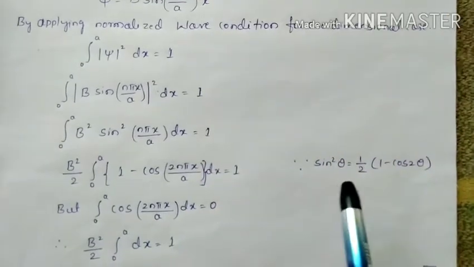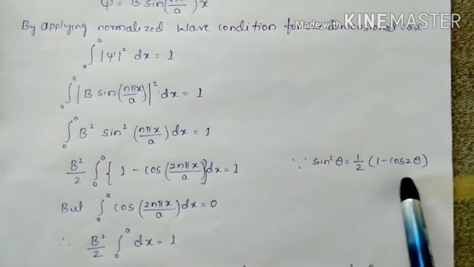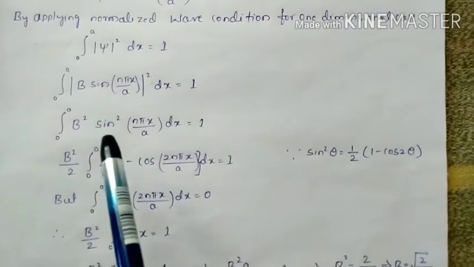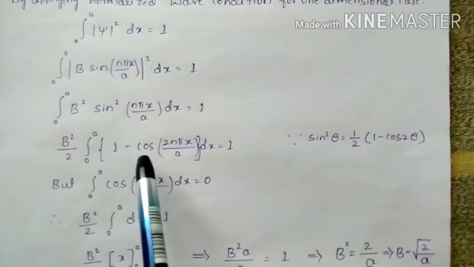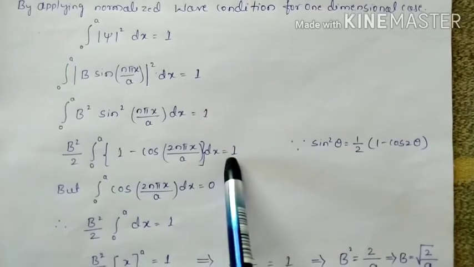Since we know that sine square theta is equal to 1 by 2 into 1 minus cos of 2 theta, we will replace this sine square by cos of this whole term.